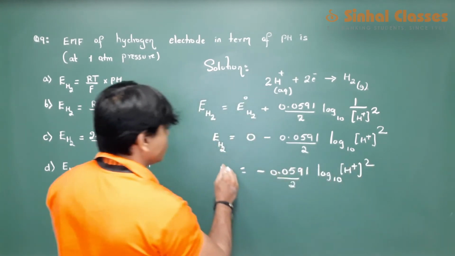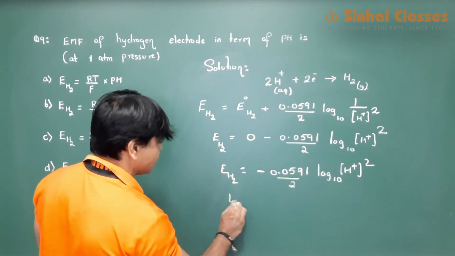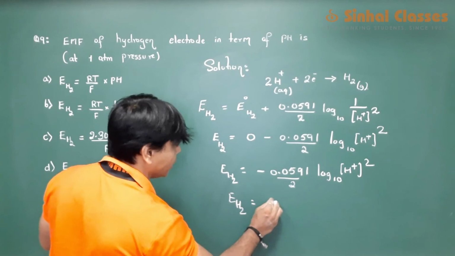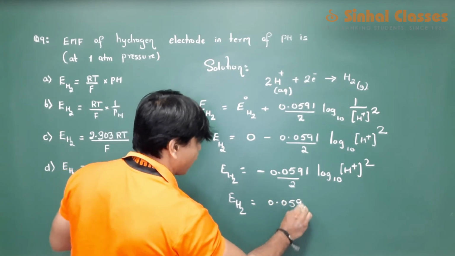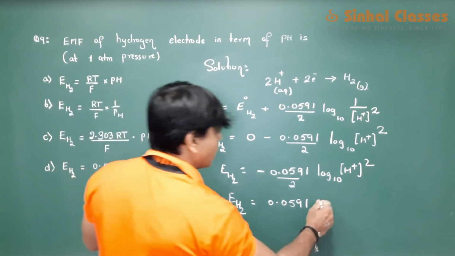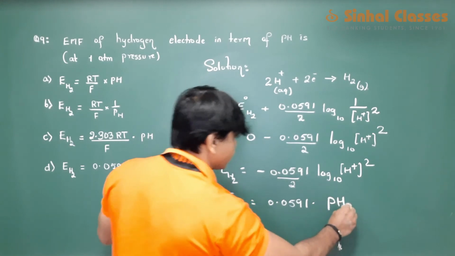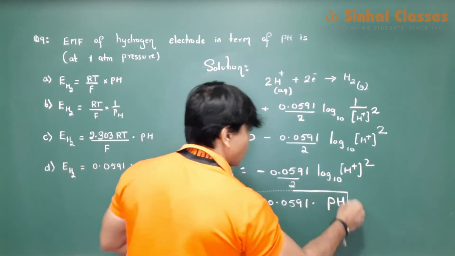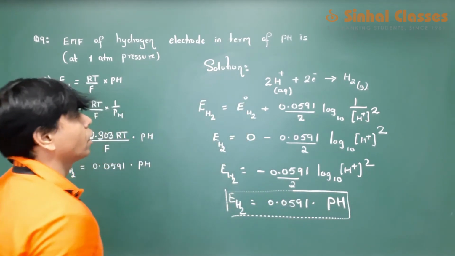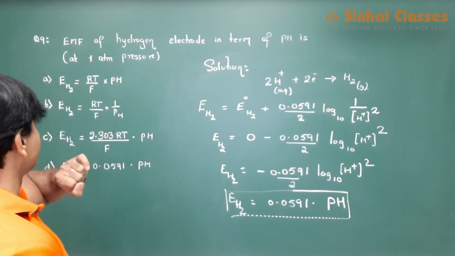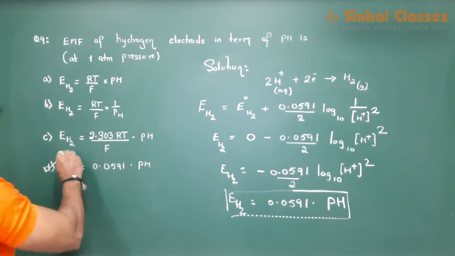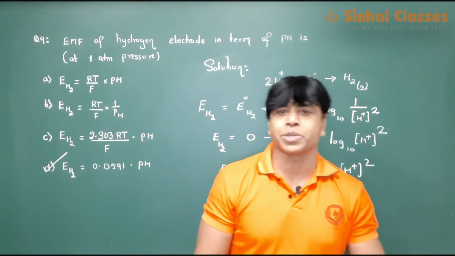So this can be written as E of H2 will be minus 0.0591 into pH. Okay, so that's your answer for this question. So your option is D, which is the correct option.